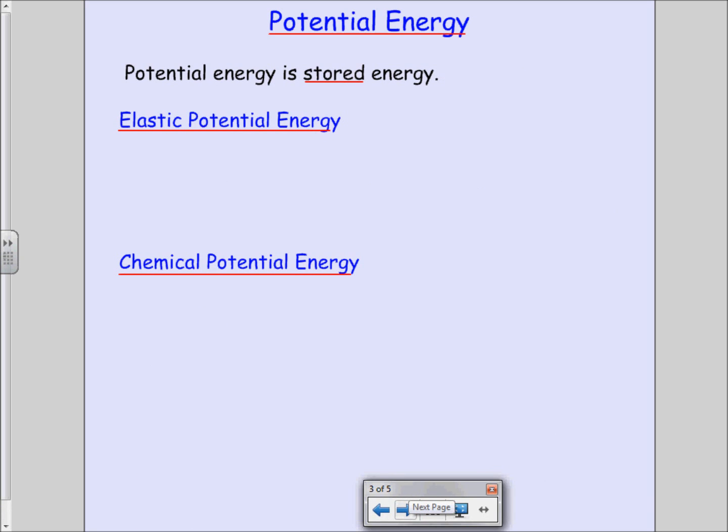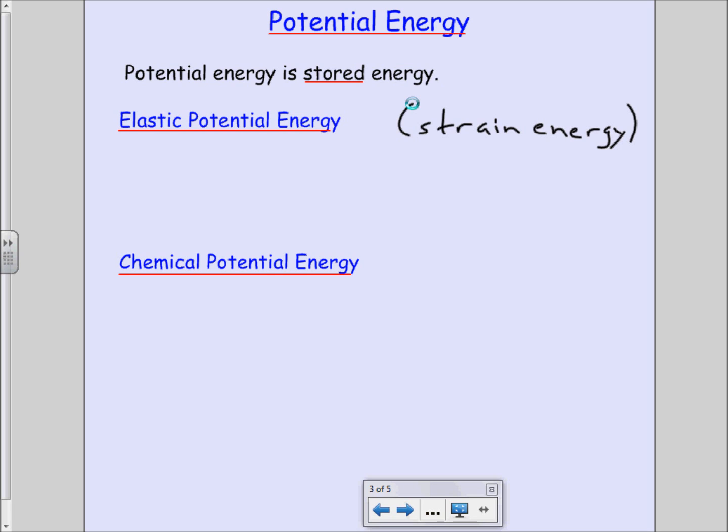Alright, to define what we mean by potential energy, first of all, in general, potential energy is energy that is stored. Now, it can be stored in lots of different ways. One form in which it can be stored is as elastic potential energy. A little bit later in the course, you'll come across this also called strain energy.